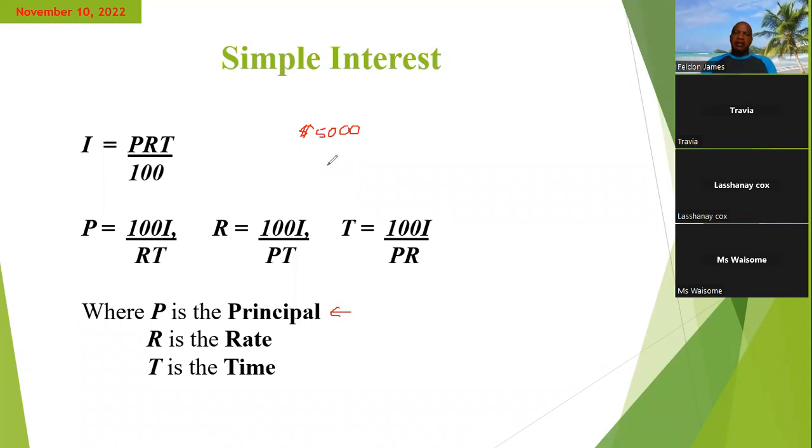Repeat. If you are investing $5,000 in a business investment and you're getting an interest at a rate of 20% for the year, how much interest would you gain from the investment in 1 year? How would you calculate it?